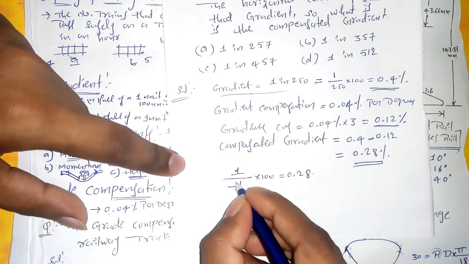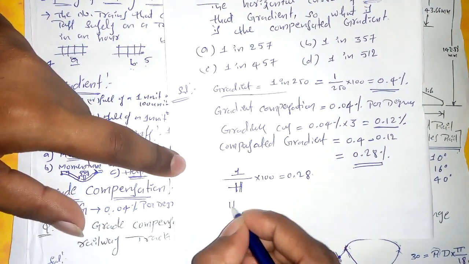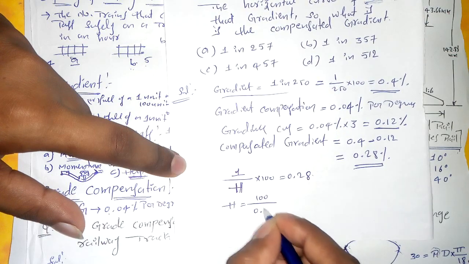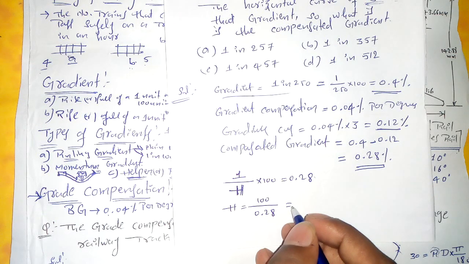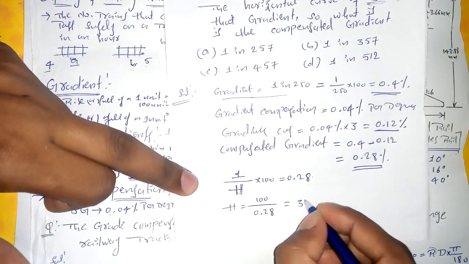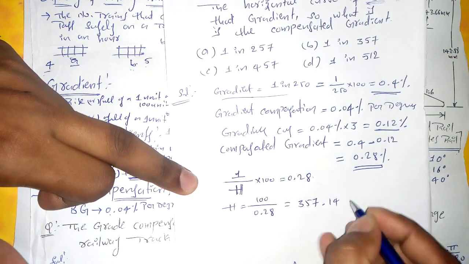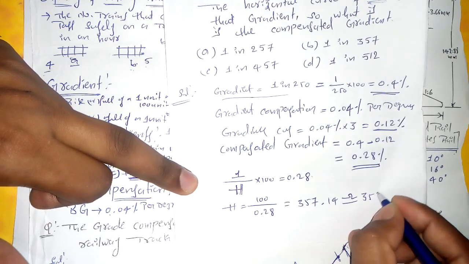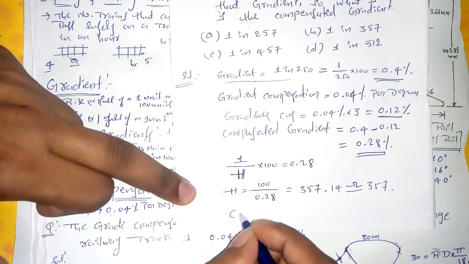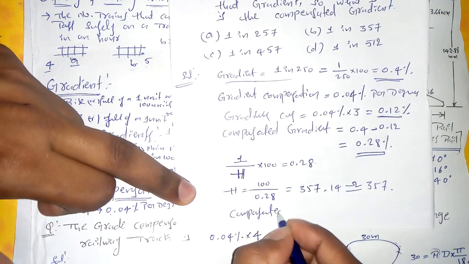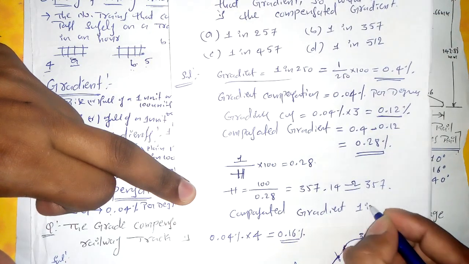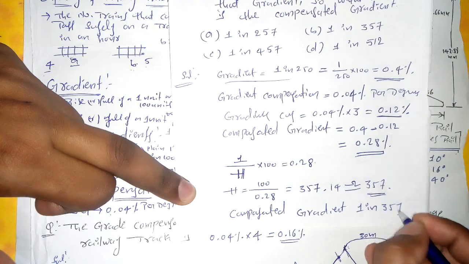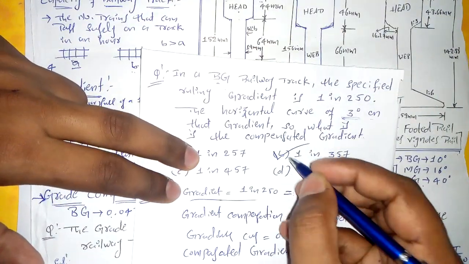So here H is equal to 100 by 0.28, which gives 357.14, which is approximately taken as 357. So the compensated gradient is 1 in 357. So option B is the correct answer.